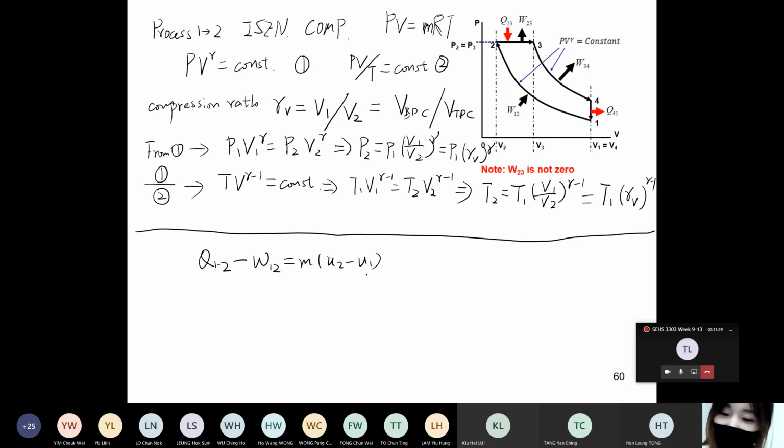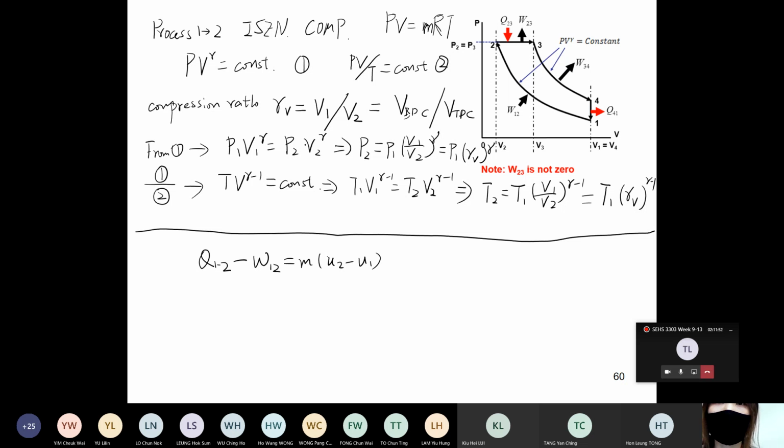Pay attention, okay? You should always remember, you always use the final state minus the initial state. For process 1 to 2, that is U2 minus U1, okay?